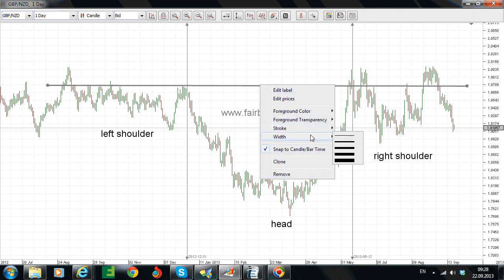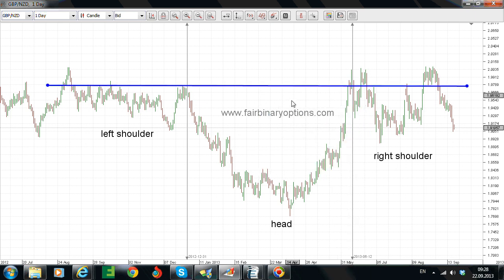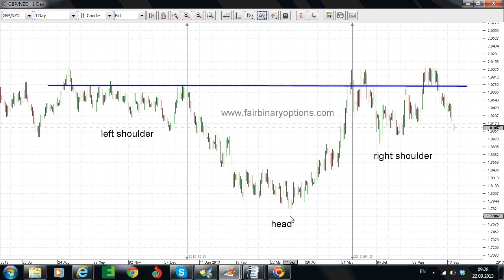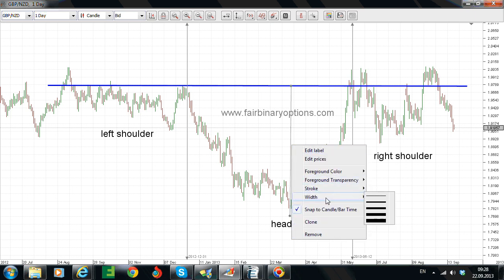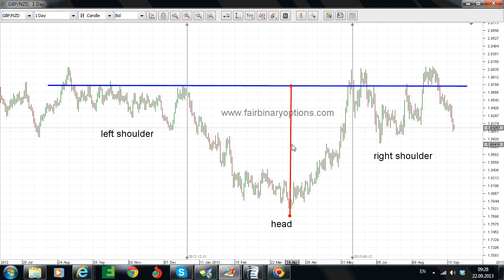And what I really like about this pattern is the fact that any head and shoulders or inverse head and shoulders comes with a measured move. The measured move is the amplitude that comes from the top of the head, or the bottom of the head in our case here, to the neckline. Let me change the color for it, like this.